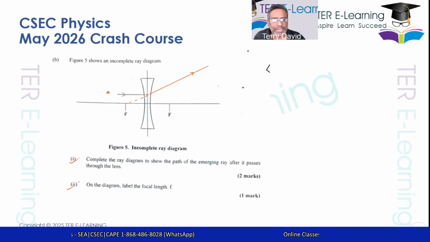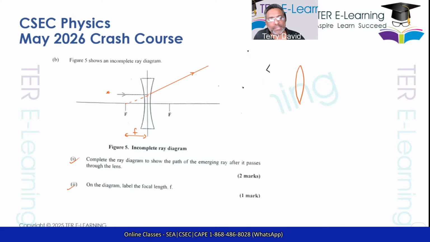The next thing here on the diagram, we want to label the focal length. The focal length of any lens is simply the distance between the optical center of the lens and your focal point. So this here is F. That's your focal length of a divergent lens. If CSEC had given us a question about a convex lens or convergent lens, it'll look like this. You have a ray passing through the center of the lens, and let's say you have a ray that is parallel.